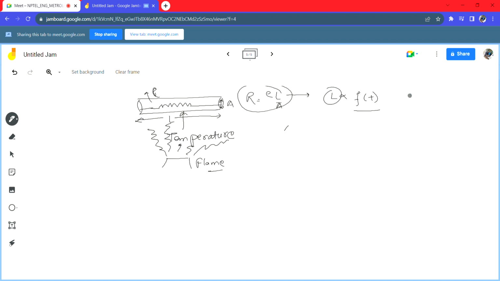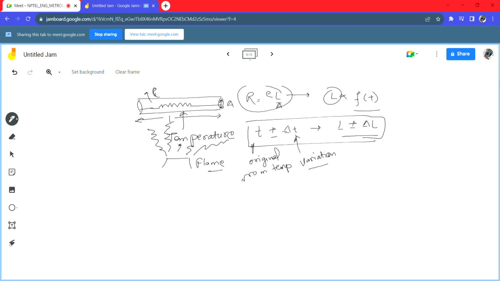So with delta T rise in temperature, suppose the temperature initially was T, so T plus minus delta T will lead to L plus minus delta L, where T is the original room temperature, delta T is the variation.